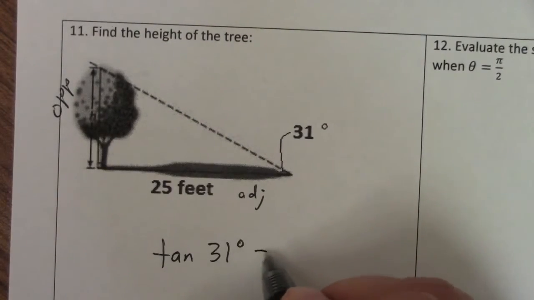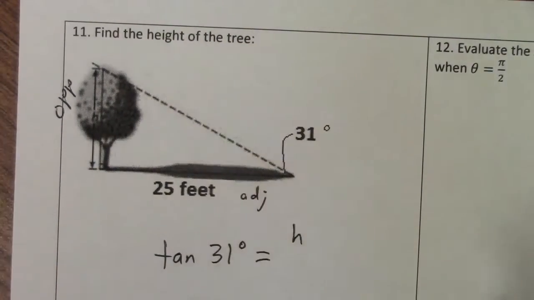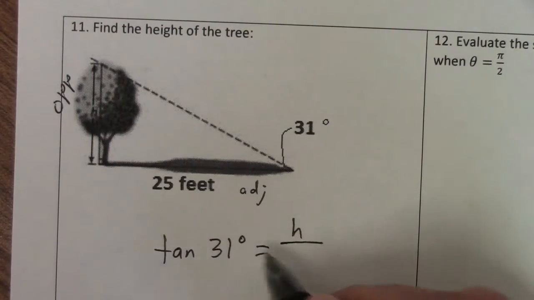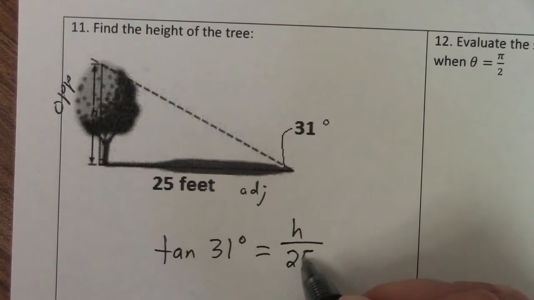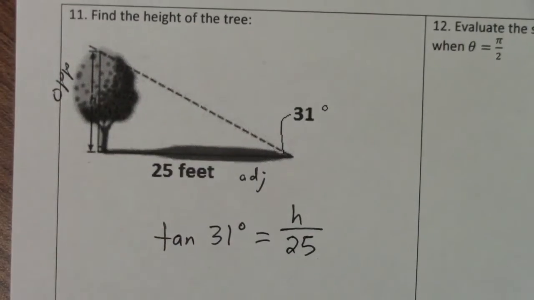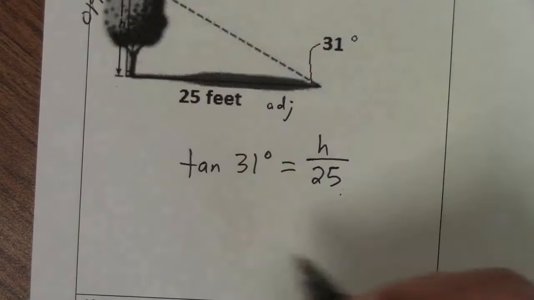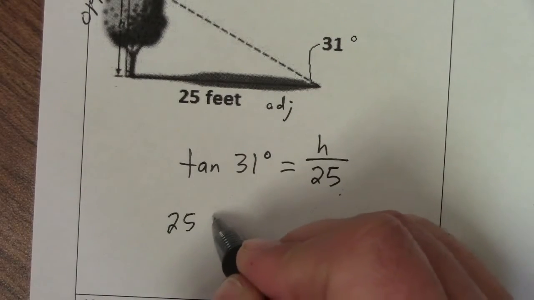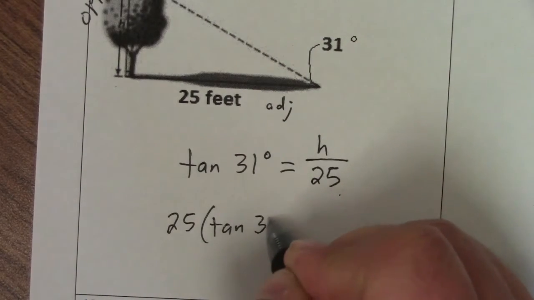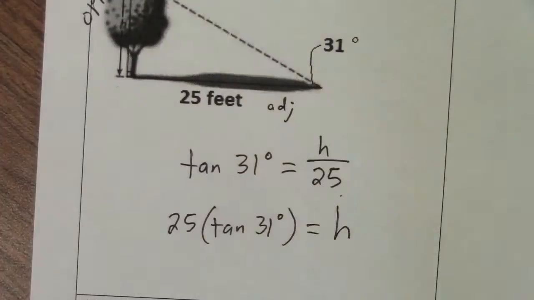Tangent of 31 degrees is the height of the tree we're trying to find over the adjacent side. If we multiply, we're trying to solve for h here, so if we multiply both sides by 25, 25 times tangent of 31 degrees will be the height we're looking for.